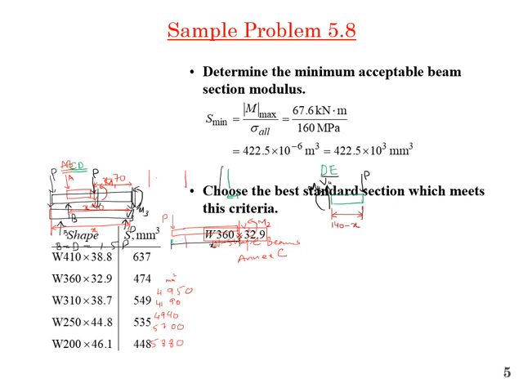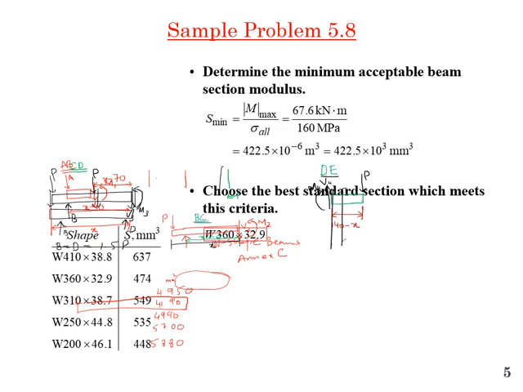Now we will select the beam which has a minimal cross section because it will be least expensive, and it also serves our purpose, because the section modulus is within the acceptable range of 422.5 times 10 to power 3 meter cube. So choose the best standard section which meets this criteria, that is W360 by 32.9. So this beam cross section is optimal for the loading shown previously.